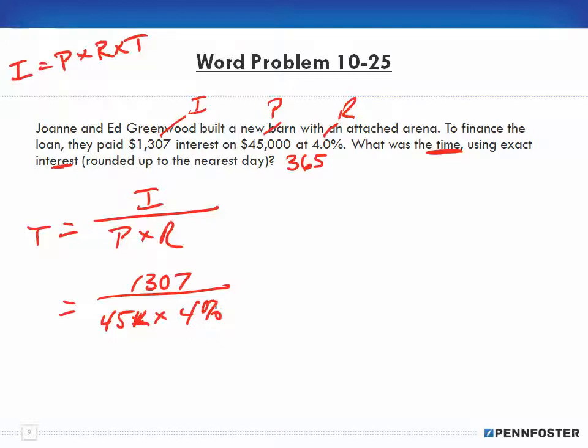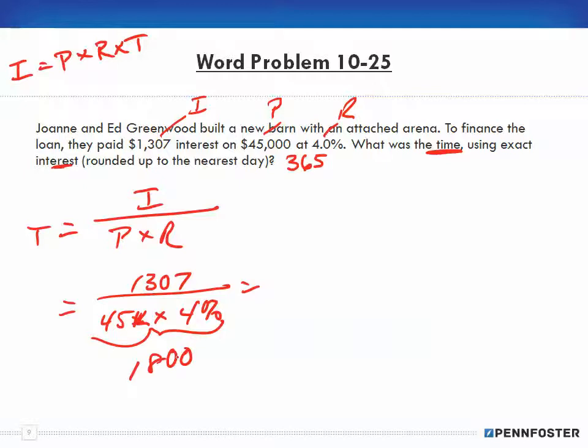Let's see, 45,000 times 0.04. 4% of 45,000 is 1,800.